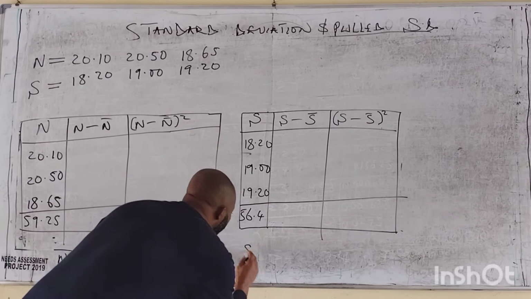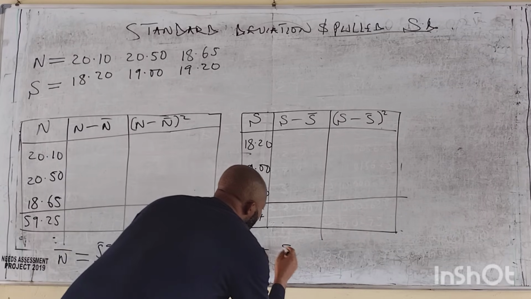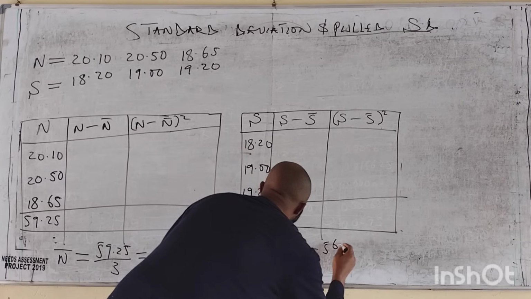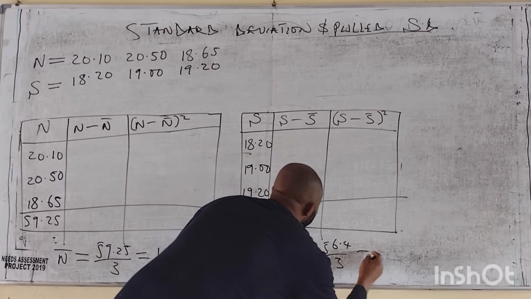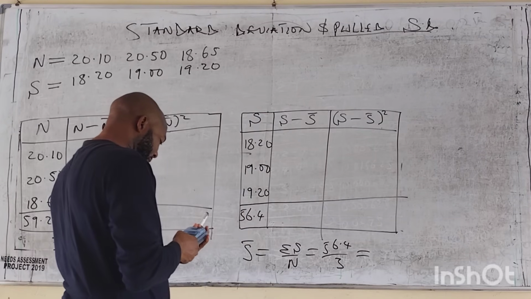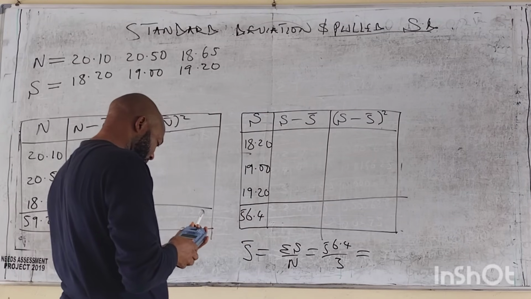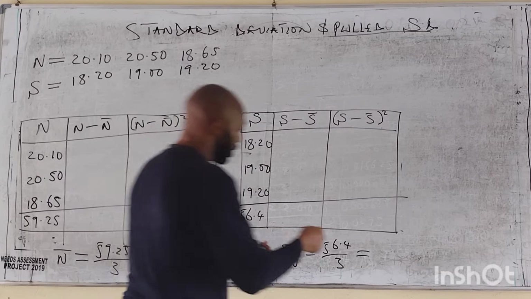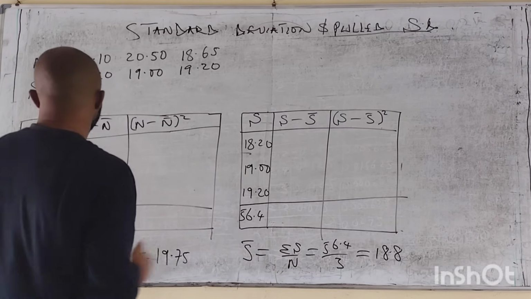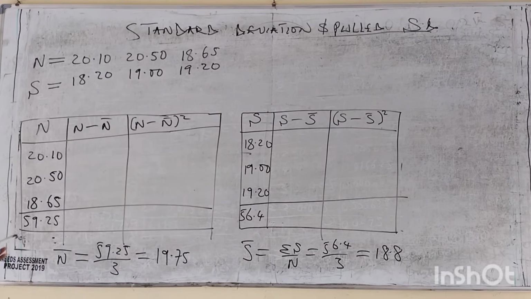Our X bar will be the summation of X over N, which is 56.4 over 3, which is 18.8.